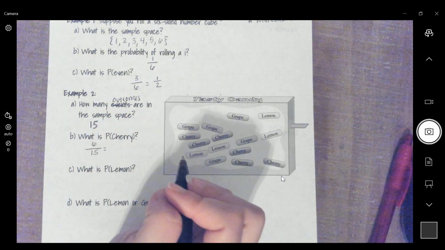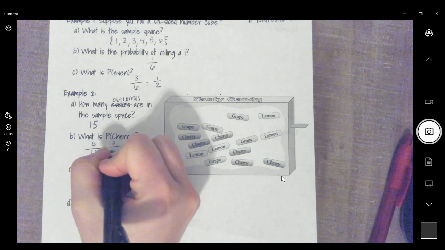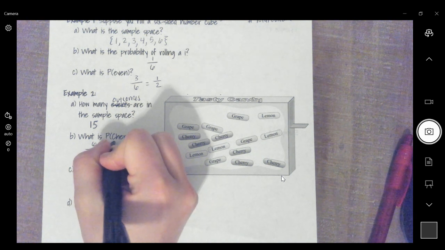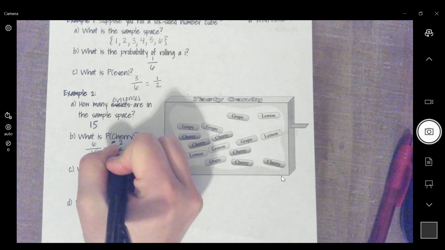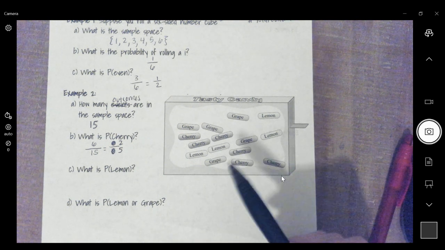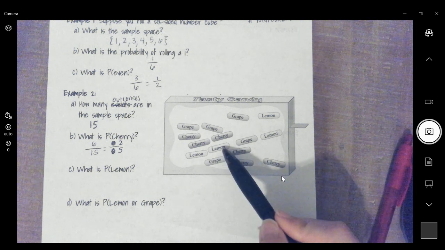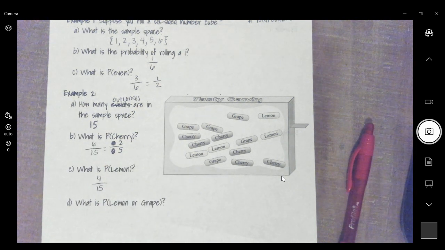So 6 out of 15, or you can simplify that by dividing both of them by 3, and that gives me 2 out of 5. Letter C, what's the probability of drawing a lemon? So we have 1, 2, 3, 4 lemons. So 4 out of the 15.